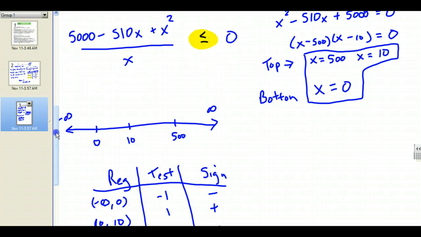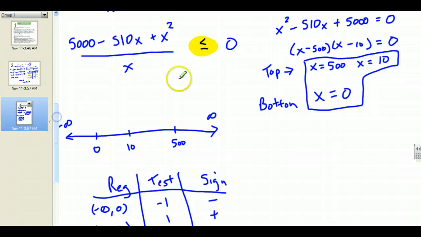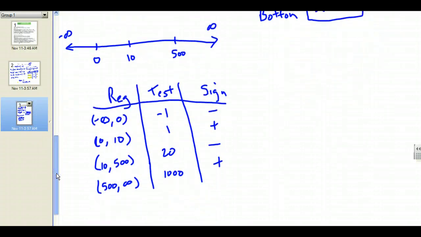So that's the negatives. Now, I made a little mistake here. That's less than or equal to, so that should be brackets on everything except the 0, where division by 0 occurred. Let me fix that really quick. I don't put a bracket on 0 because 0 causes division by 0 and you can't divide by 0.